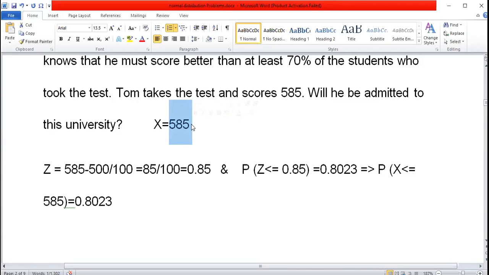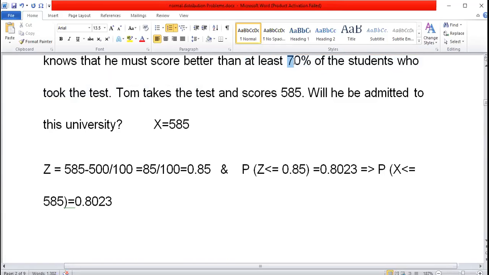No. He has to be above 70%. The condition is his score has to be above 70%.